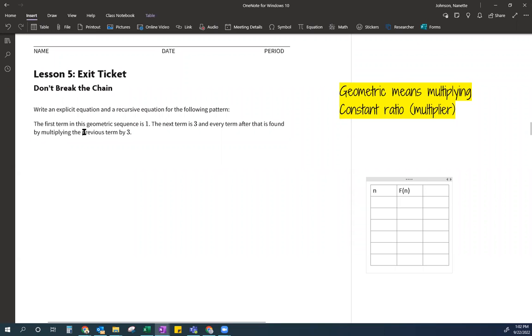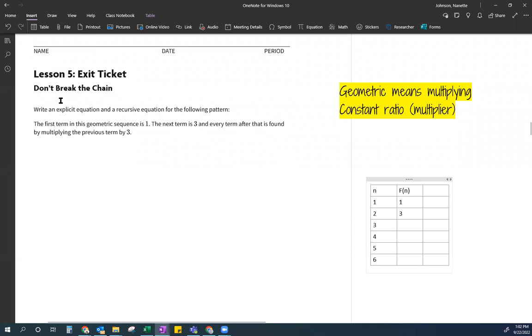It says the first term in this geometric sequence is 1. Okay, the first term is 1. The next term is 3. And then every term after that is found by multiplying the previous term by 3.